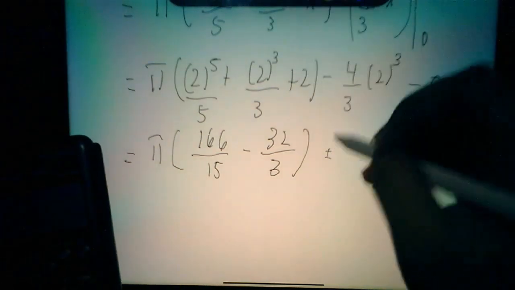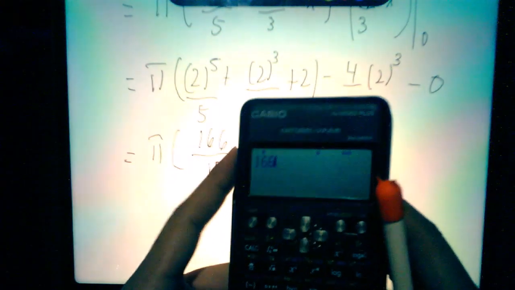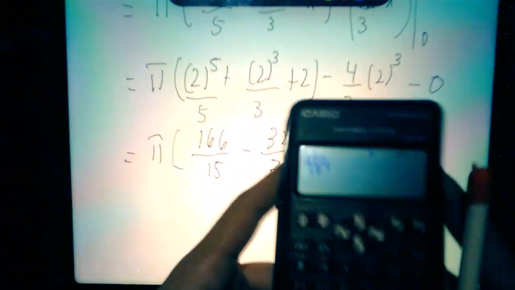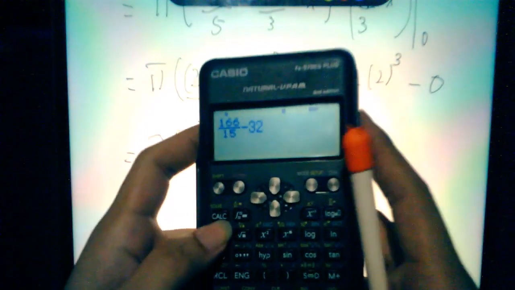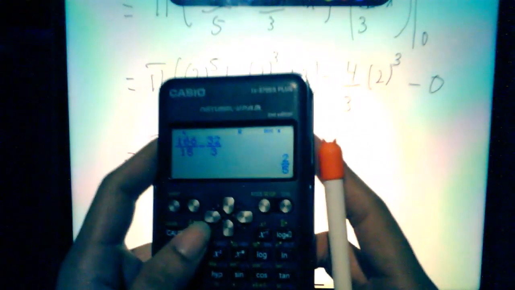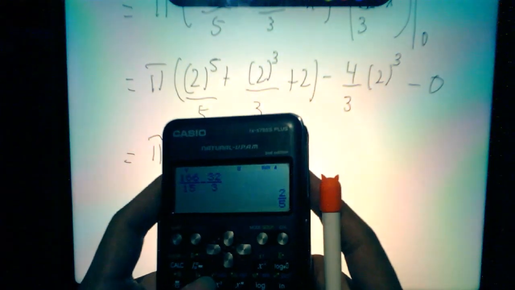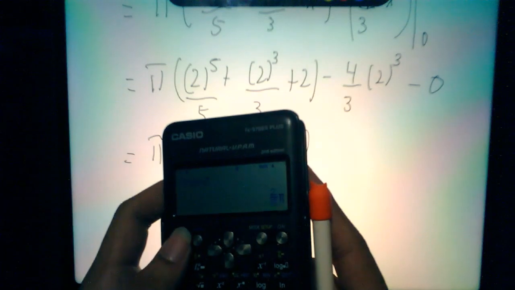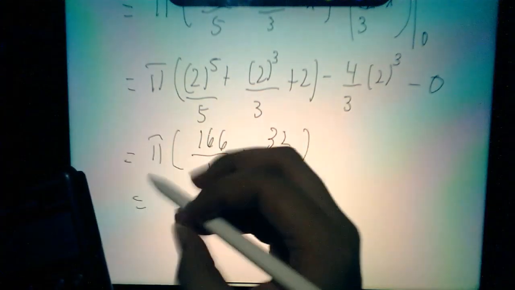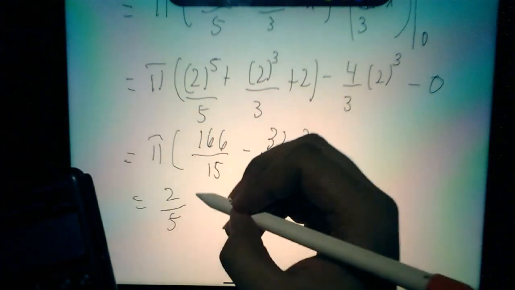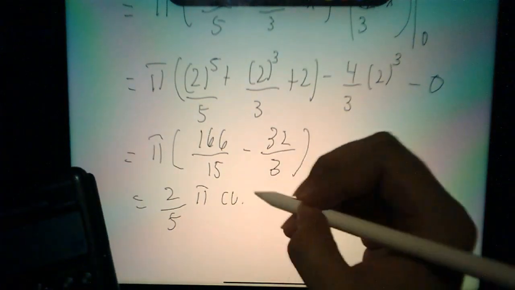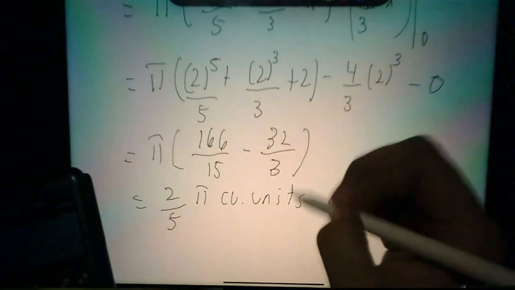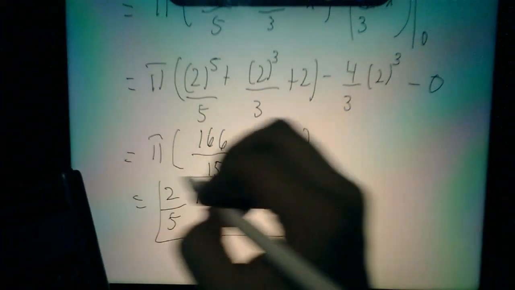So by simplifying this, our answer should be 166 over 15 minus 32 over 3, which is 2/5 times pi, equal to 2 over 5 pi cubic units. So this is our answer for problem number 1 under the washer method.